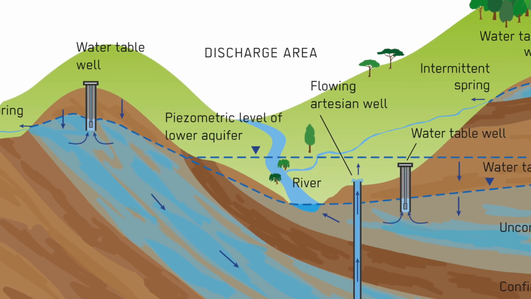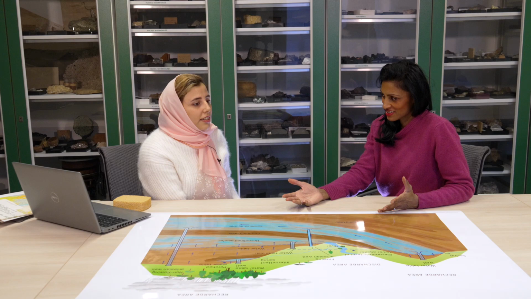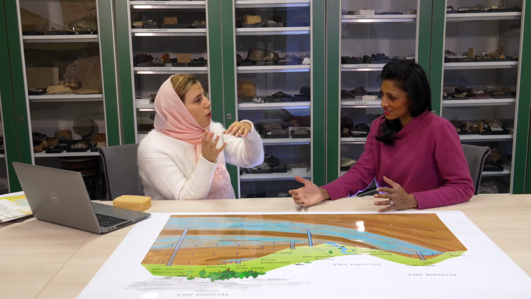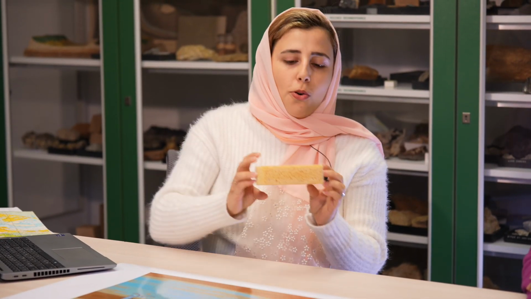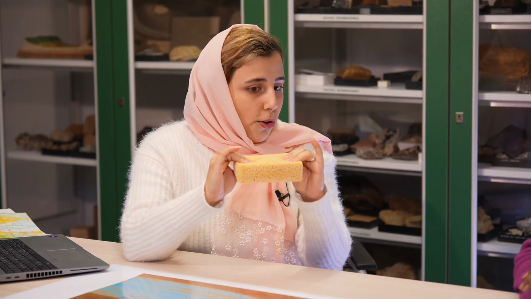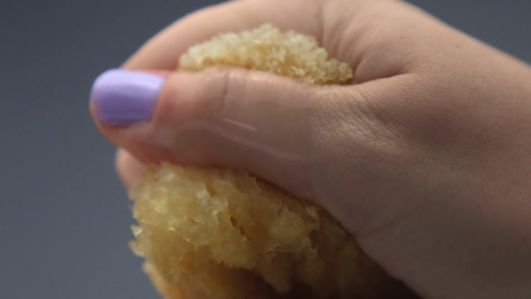An aquifer, is it really just an area of water? Yeah, it's like water moving between rocks and soils and sands. You can think of an aquifer like a sponge. So it is elastic. When you load it, it deforms, and when you unload it, it returns to the same position.